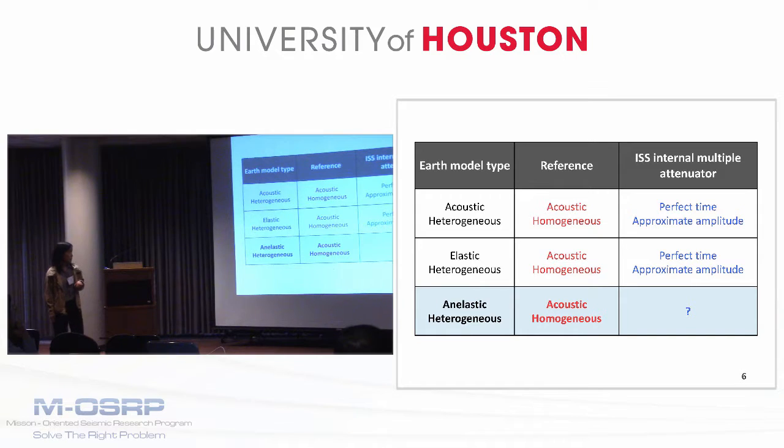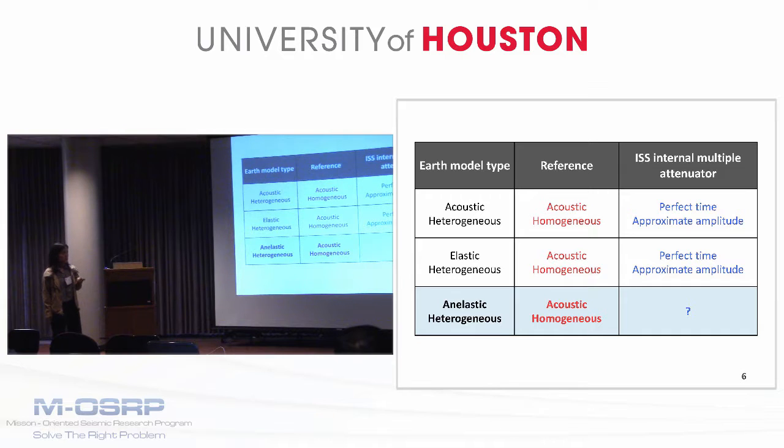Now in this talk, given the world is heterogeneous and inelastic, where the energy of the propagating wave will be attenuated and the velocity will be dispersive, we're going to show you how this algorithm performs by using a homogeneous acoustic background, no absorption, no dispersion.